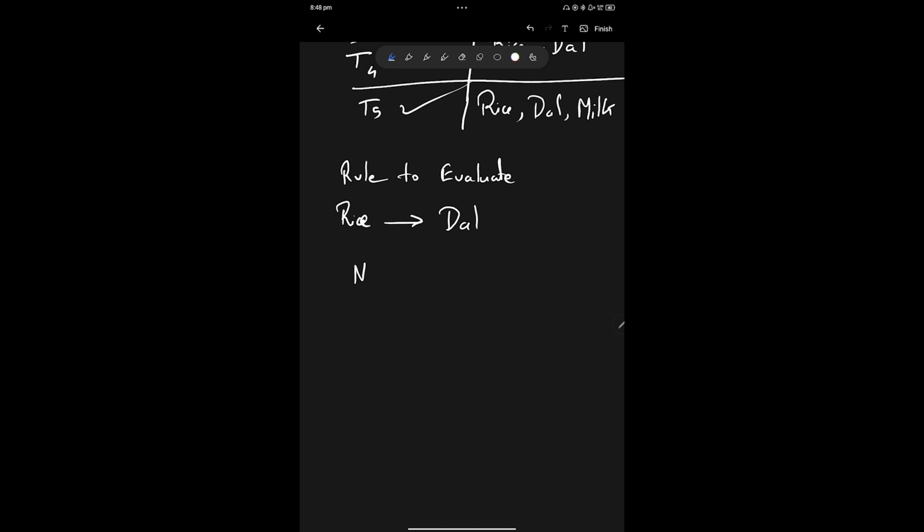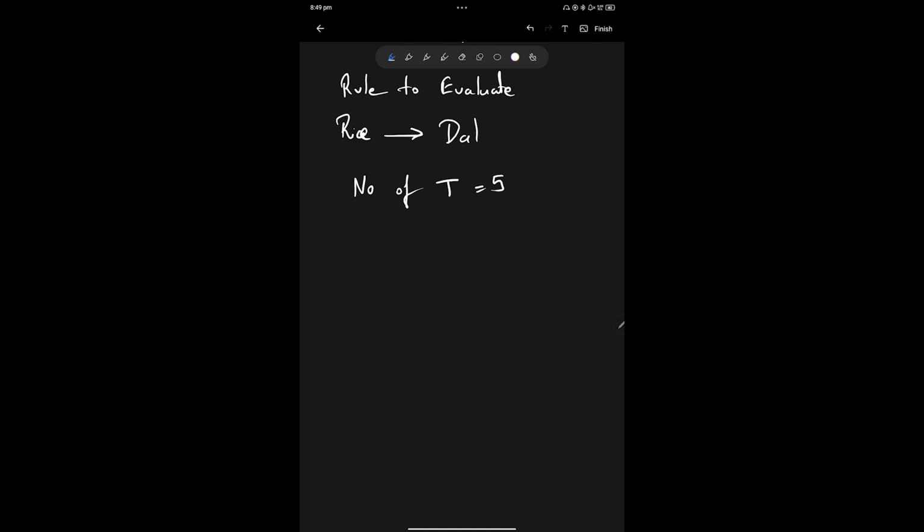So the number of transactions, that is T, is 5. Now we need to find the count of occurrences.